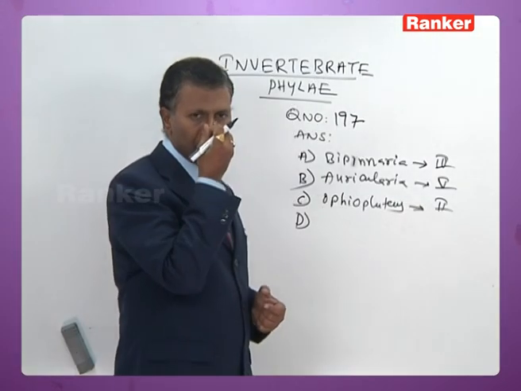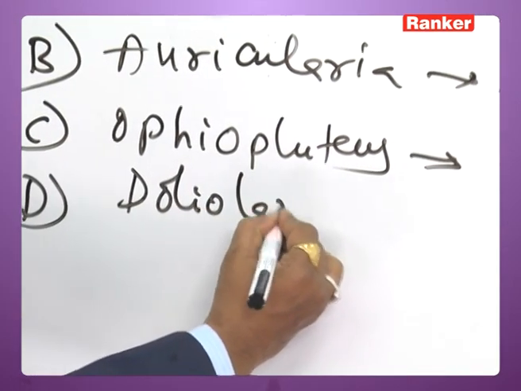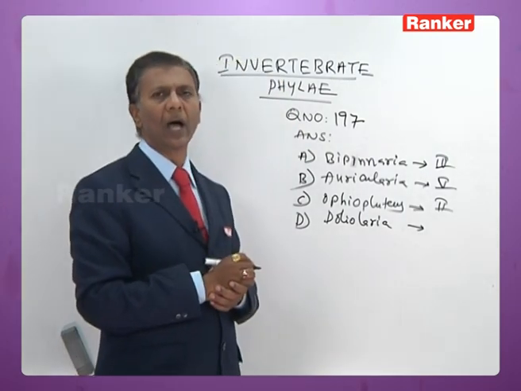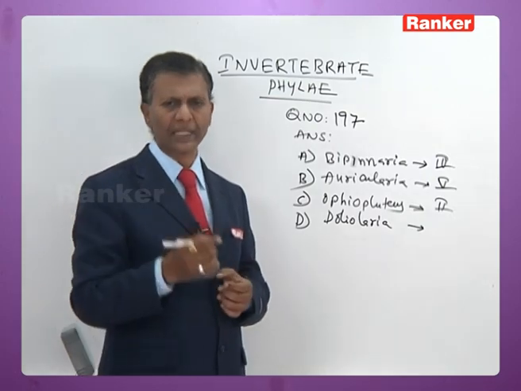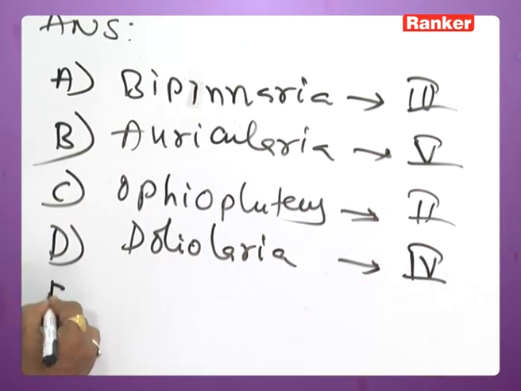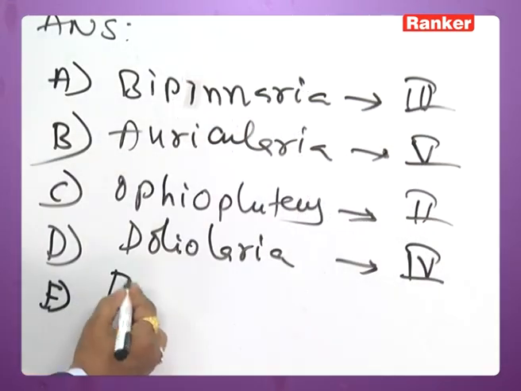Under D, Doliolaria is given. Pentacrinoid and Doliolaria are the larvae of crinoids. Crinoids are sea lilies. So the fourth option is correct. E, Echinopluteus.